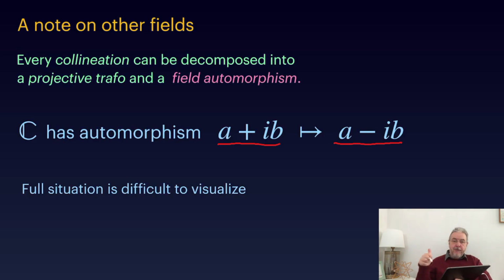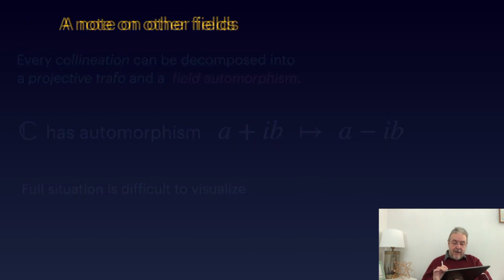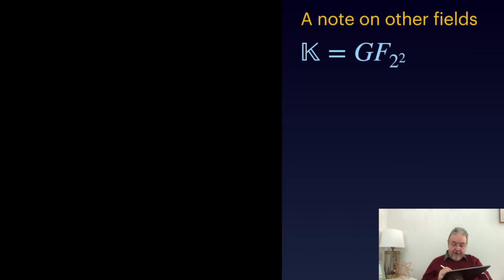The field of 2 elements only has the trivial field automorphism. The field of 3 elements only has the trivial field automorphism. But the field that arises from taking 2 squared, which has 4 elements, has a non-trivial field automorphism.